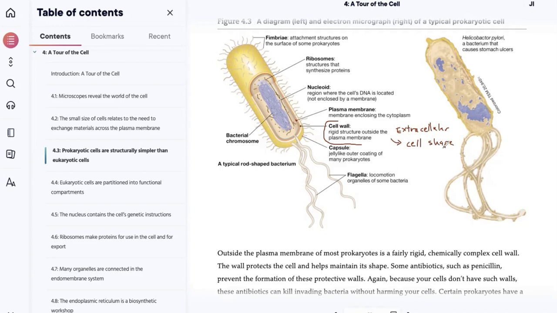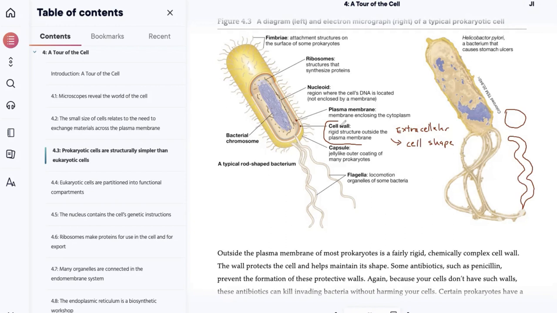And so the three main shapes that we'll see are rod-shaped bacteria, round bacteria, and we call them spirochetes. We've got these coiled cells that are twisty around, and they cause some pretty interesting diseases.